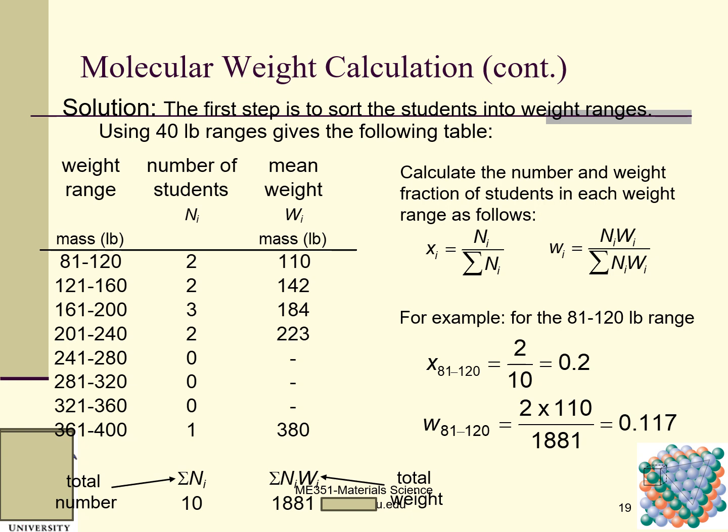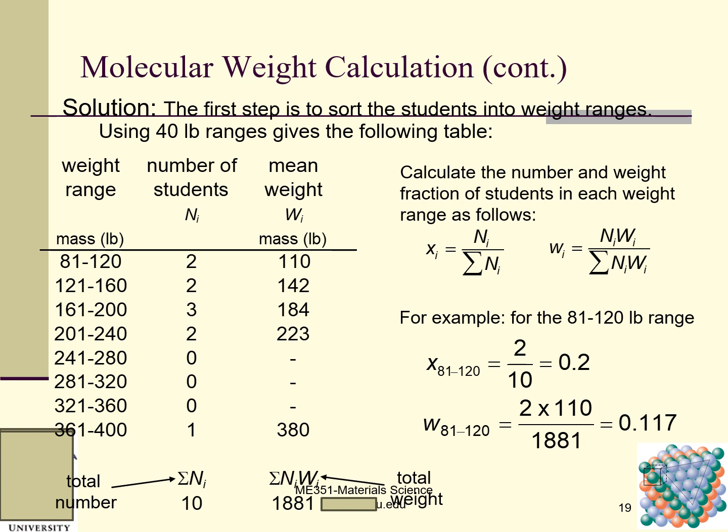Solution: the first step is to sort the students into weight ranges, for example using 40-pound ranges, given the following table. You can see, for example, weight ranges from 81 to 120, 120 to 160, until 360 to 400.